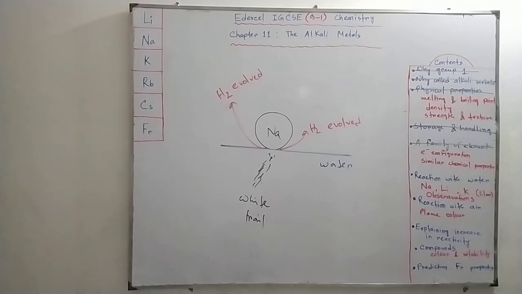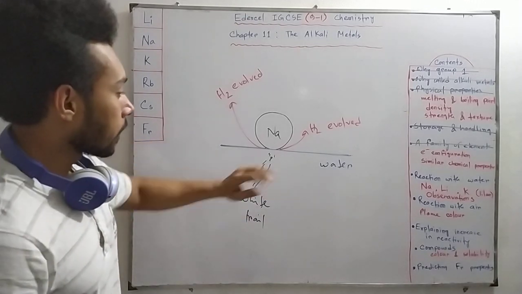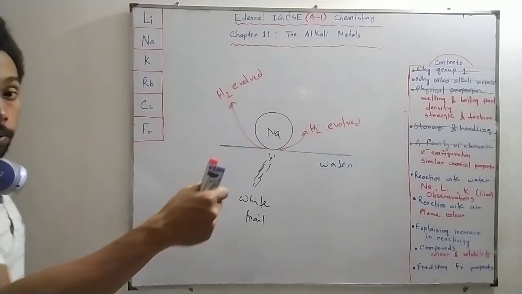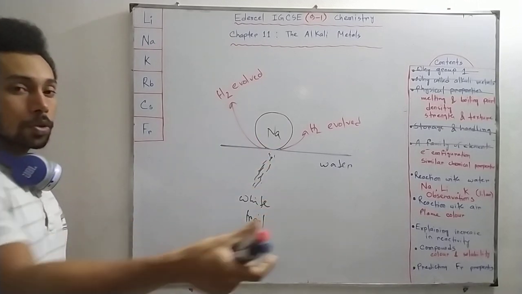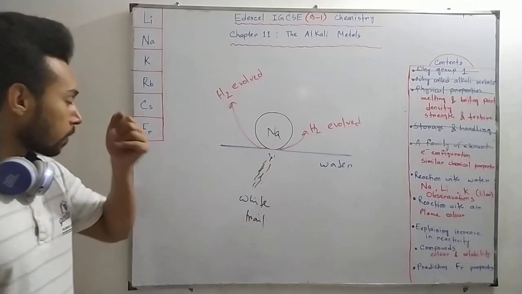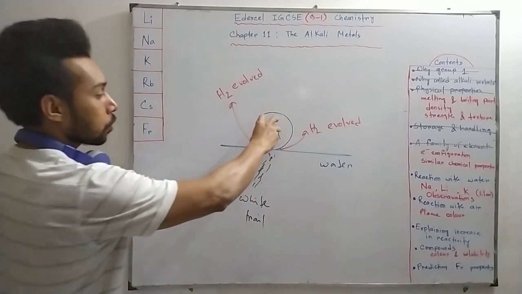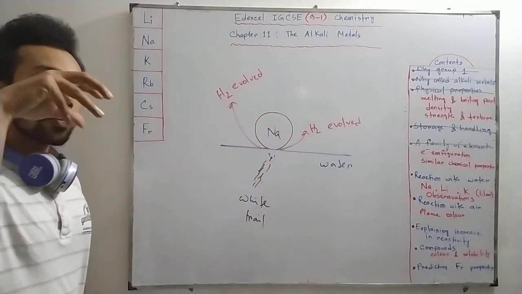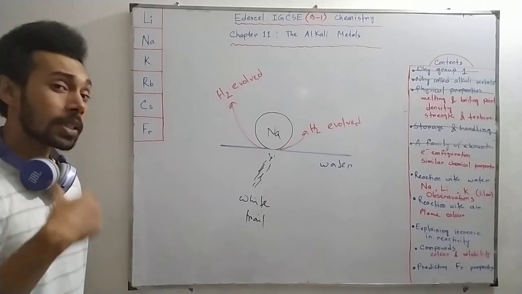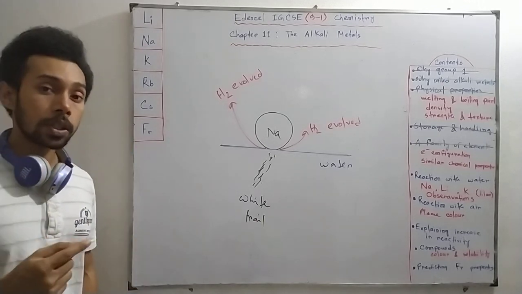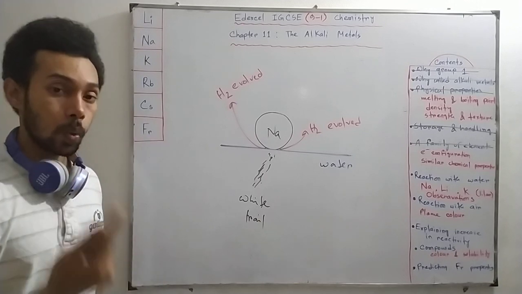Look at the diagram. When you drop a piece of sodium onto some water, you'll observe that the piece of sodium floats on water. Why is that so? Because sodium is less dense than water.